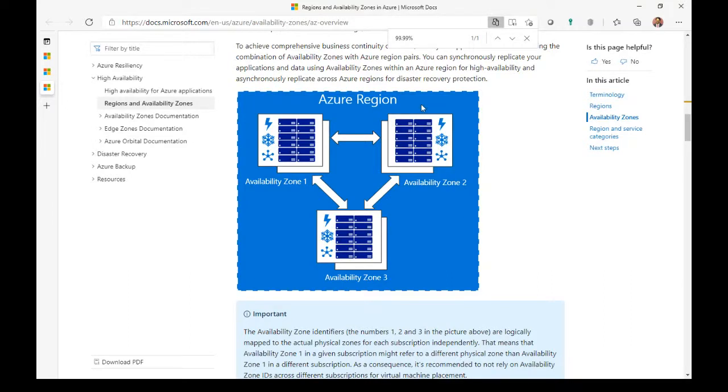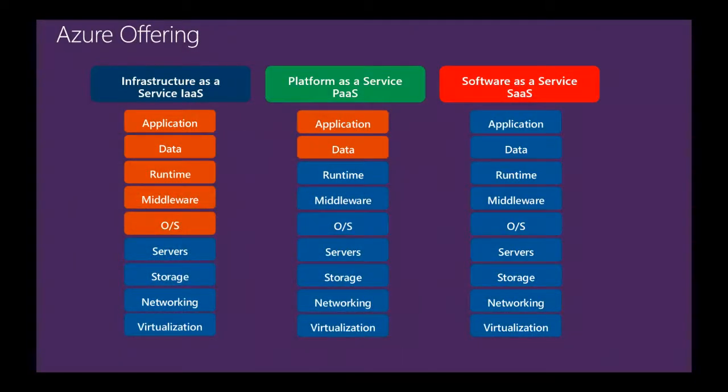If you see the West Europe region, we have 3 availability zones. When you plan your deployment, you can plan the deployment in each of the availability zones to get the high availability, as mentioned, 99.99%. Yeah, so that is one thing.